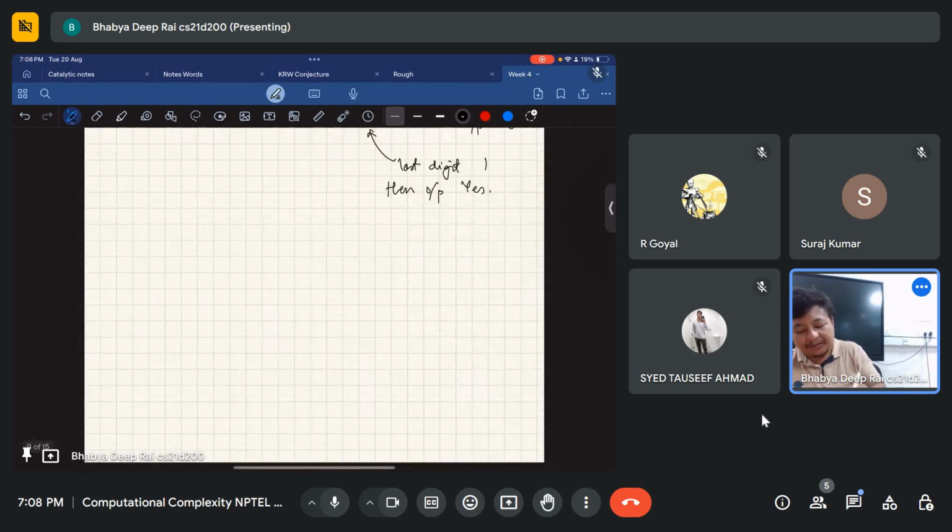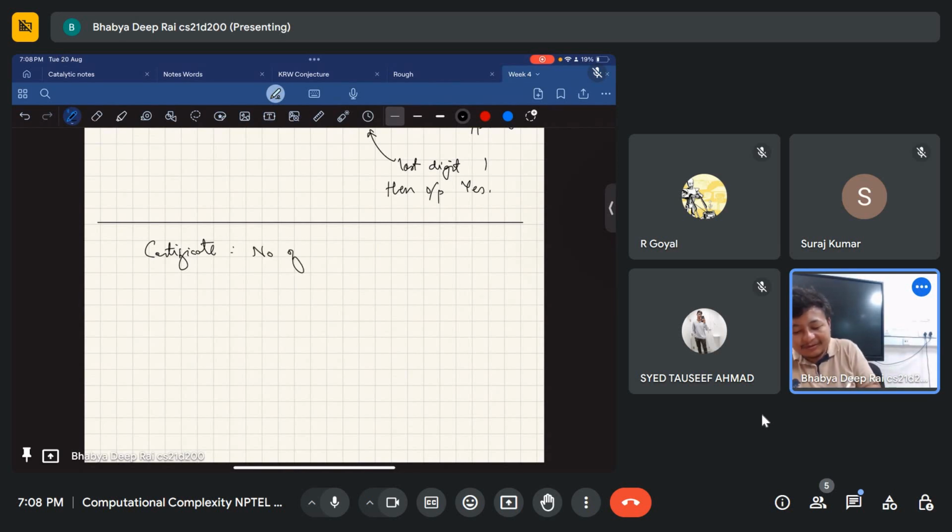Yeah, good. Now the certificate way is how you mentioned well. If I want to give a certificate, one possible certificate I can give is the number of ones. My verifier machine also does the same thing.